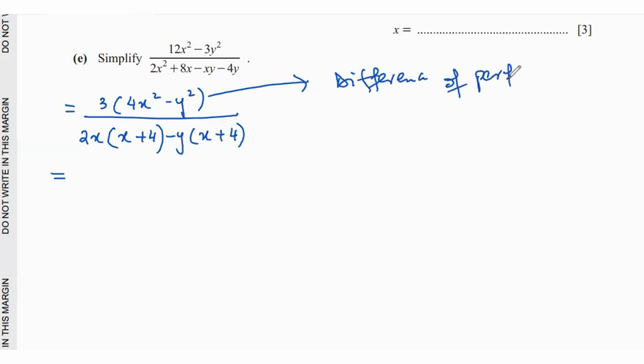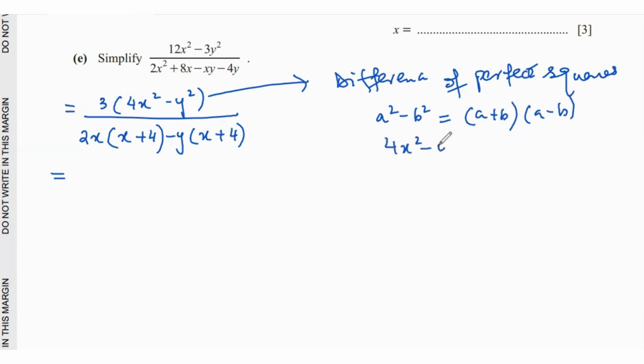By now, you should be able to recognize these things if you have solved several papers. Whenever we have two square numbers being subtracted, we use difference of perfect squares. It says that a squared minus b squared equals to a plus b times a minus b.